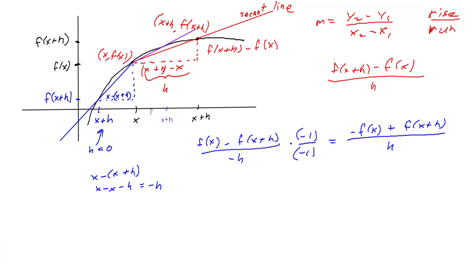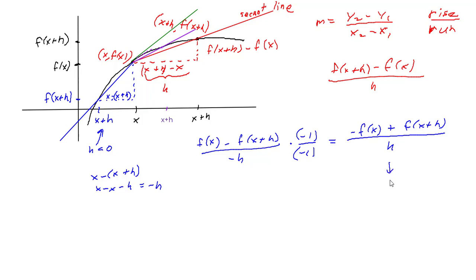As h gets smaller and smaller, then you could think of this point here is going to get closer and closer to that point, and the limit as h approaches 0 actually becomes the slope of your tangent line. So we're actually going to have something like this for our tangent line. So again, as h approaches 0, your secant line approaches that tangent line.